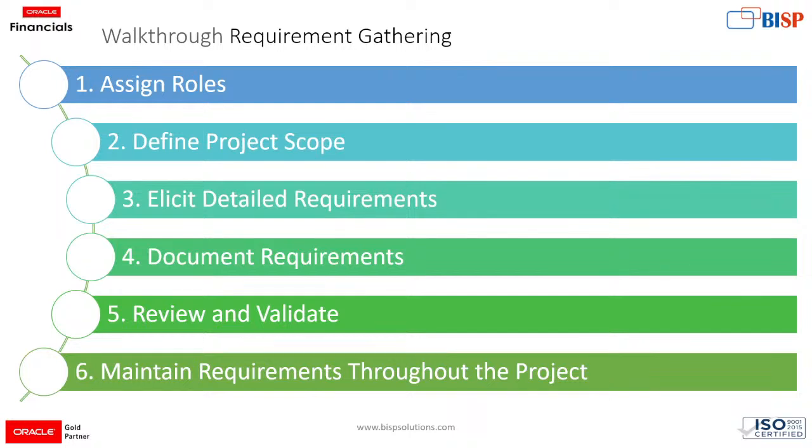Let's say the fifth point is review and validation. When embarking on a new project, it is essential to review the requirements with all the stakeholders involved. This will help ensure that the project requirements align with the overall business growth and objectives.